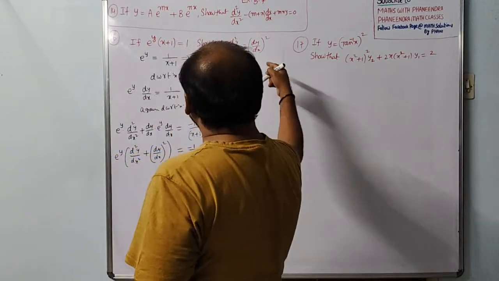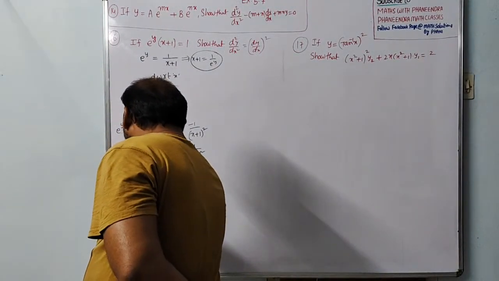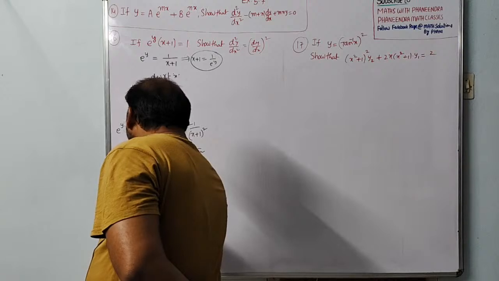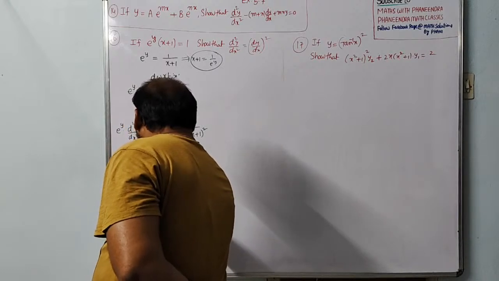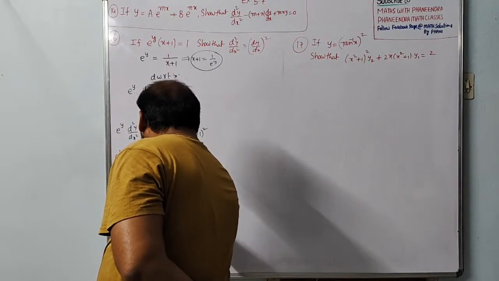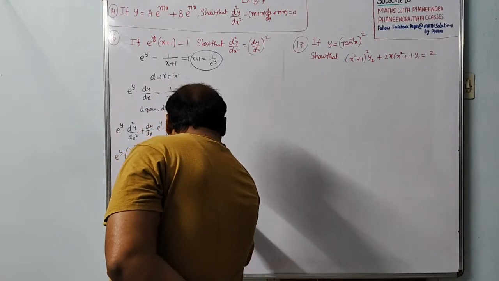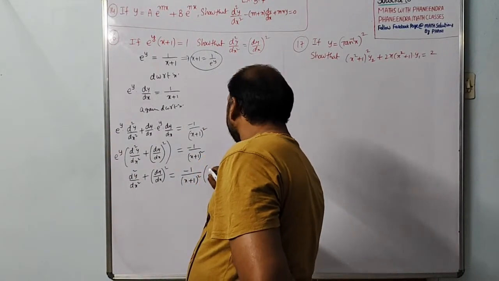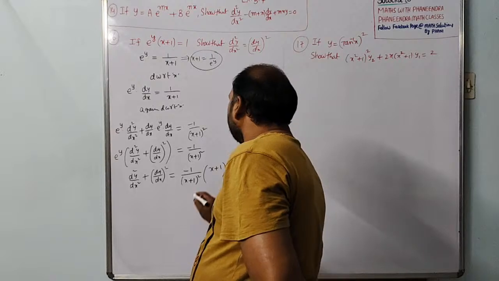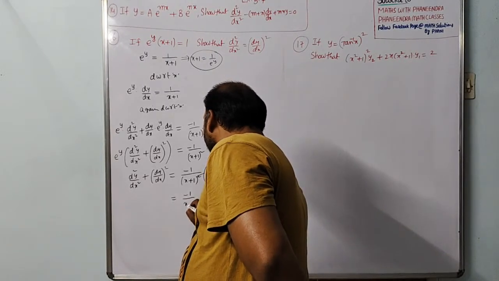They are asking to prove this result, na? e power y into d square y by dx square plus dy by dx whole square, minus 1 by x plus 1 whole square into, here e power y bring this side means 1 by x plus 1. So that is equal to minus 1 by x plus 1.